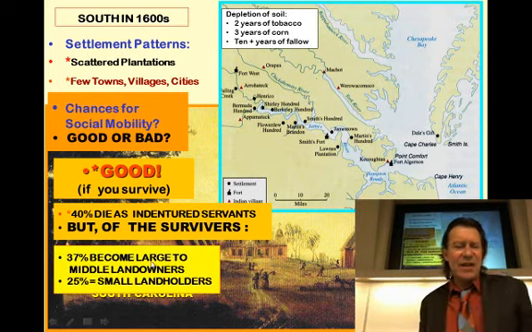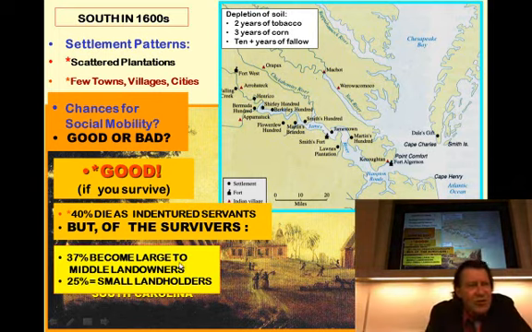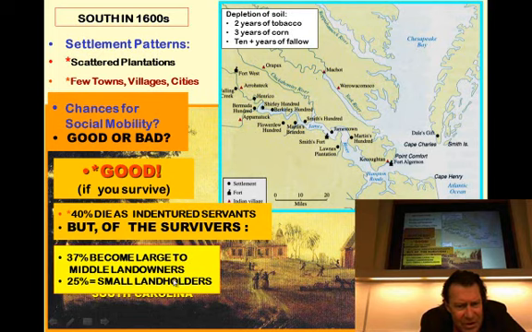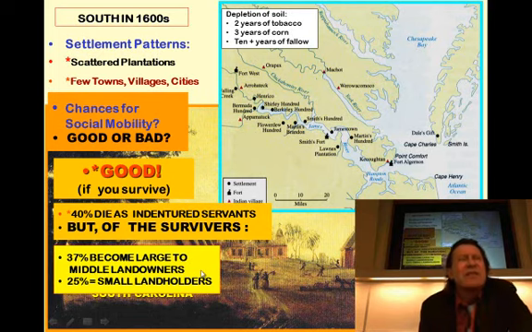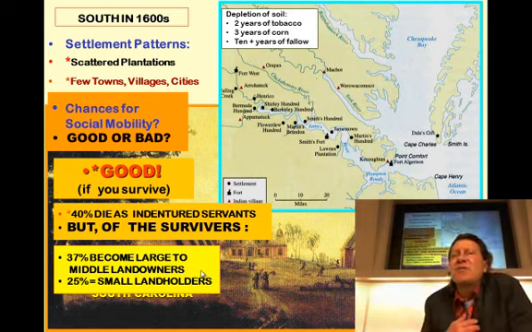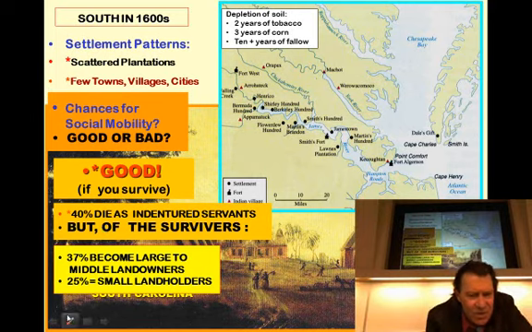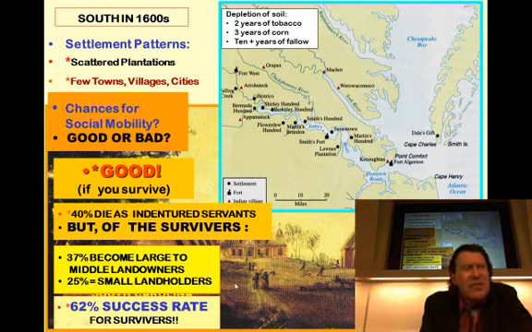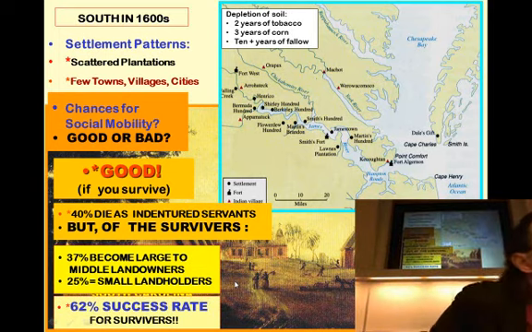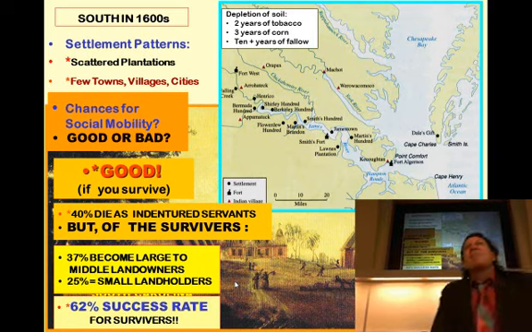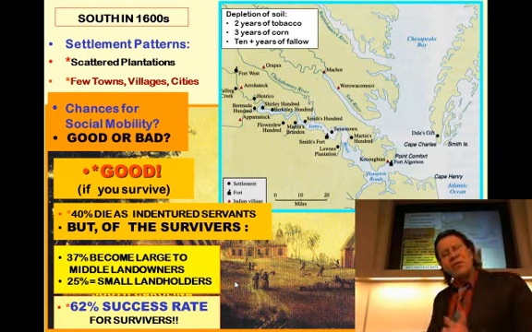One study, looking at Virginia, tried to track as many indentured servants as they could, and found that 37% became large to middle landowners, and then an additional 25% at least, when they got out of indentured servitude, got some land, and could say that they owned land. Well, if you add 37 and 25, you get 62%. 62% went from being nobody and nothing, basically a semi-slave, to being a property holder, a freeholder in Virginia.